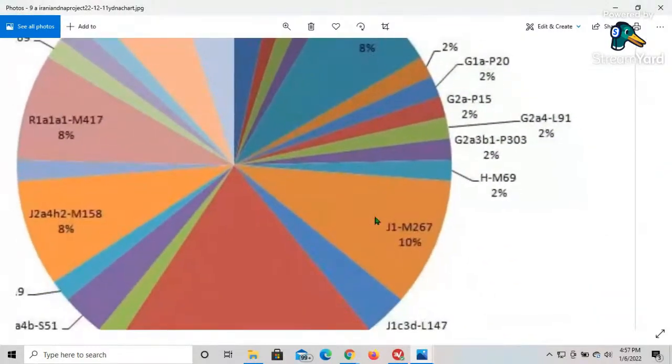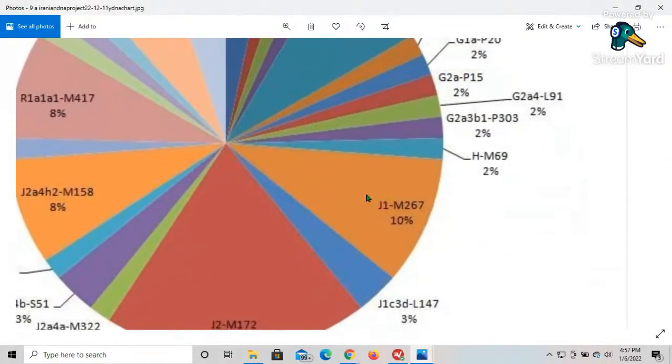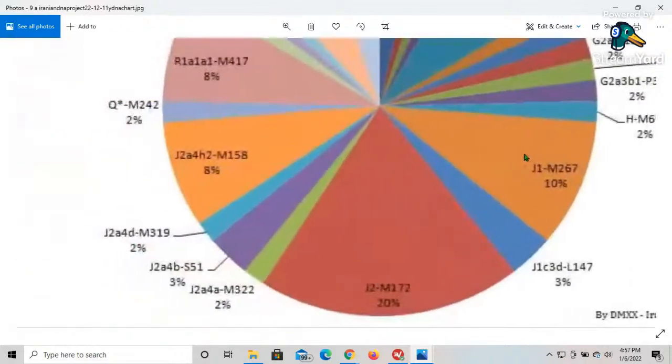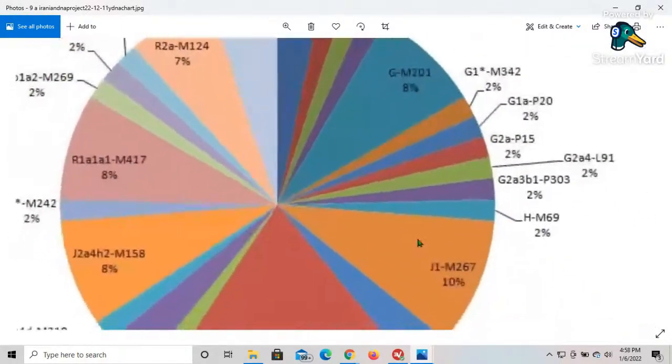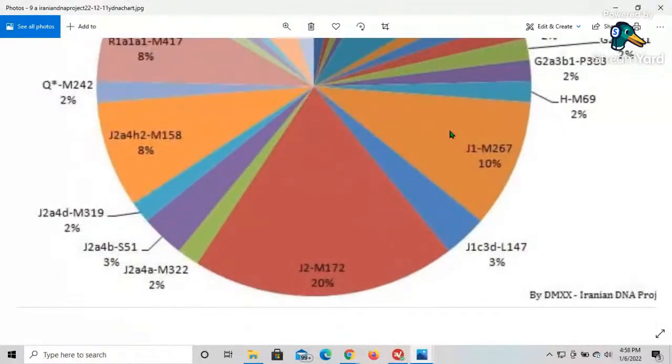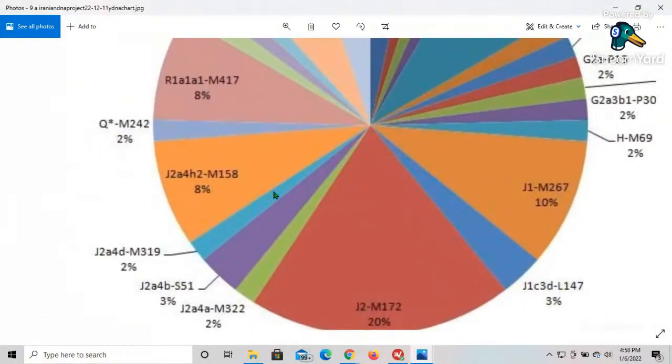And there's no I's in here. Where's the I? I don't know who this is. This is Iran, by the way. So Iran is half Semitic, but almost half, maybe a third Judaic and Israelite.